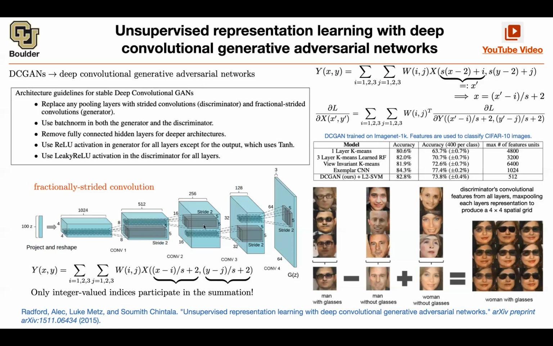So each one of these layers is going to give you 4 vectors, and then you concatenate them and use them as features. And on top of that, you can put a simple classifier like support vector machine or even logistic regression. So not only the job of the discriminator is to train a generator, it can also featureize images. That's the idea. Any questions about DCGANs?